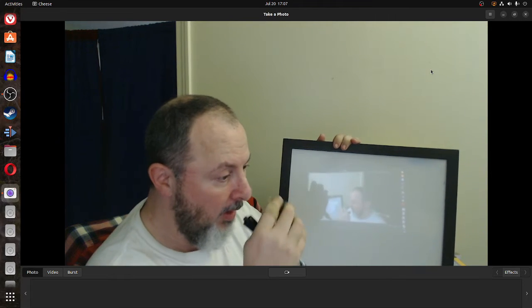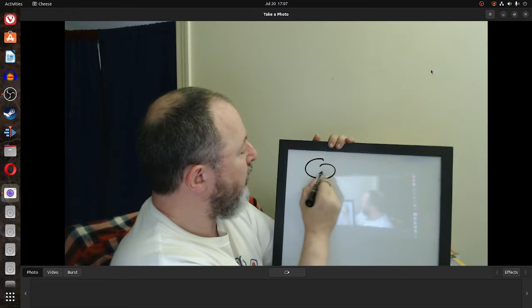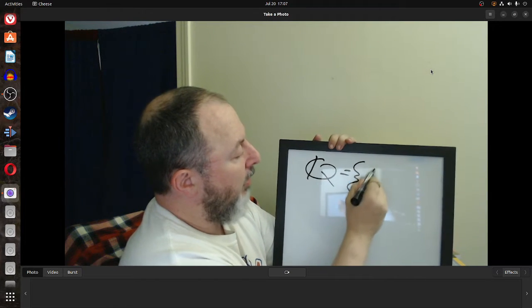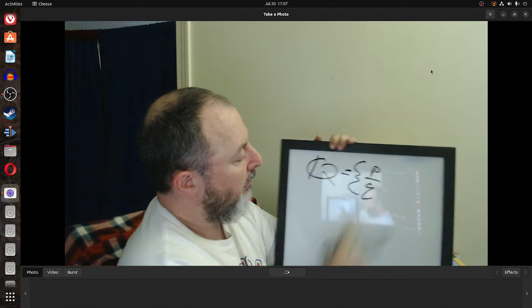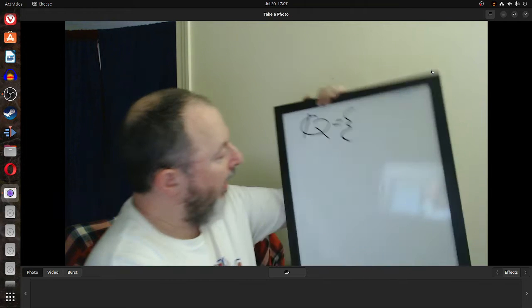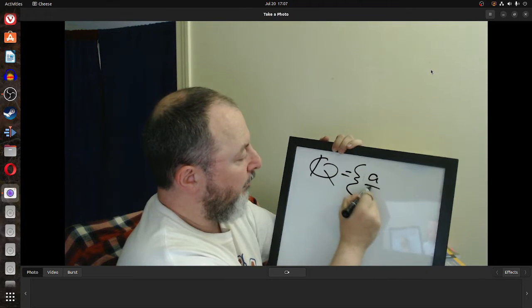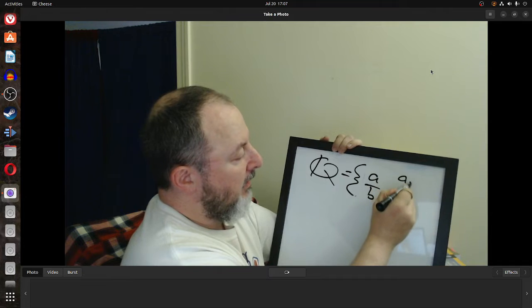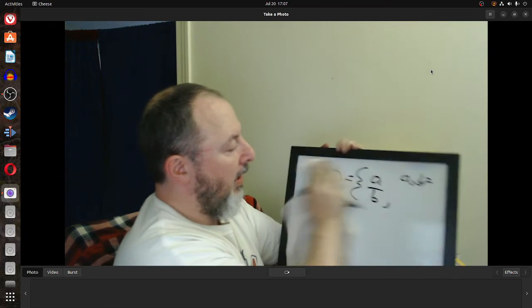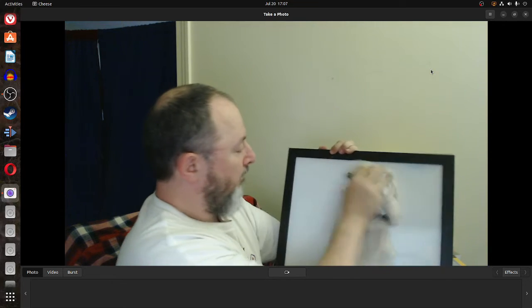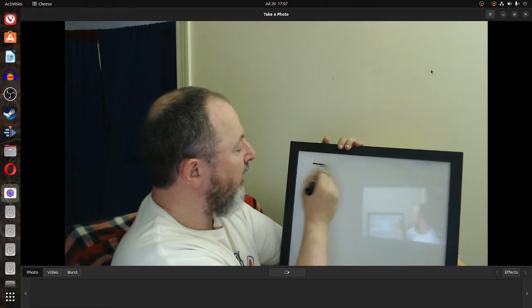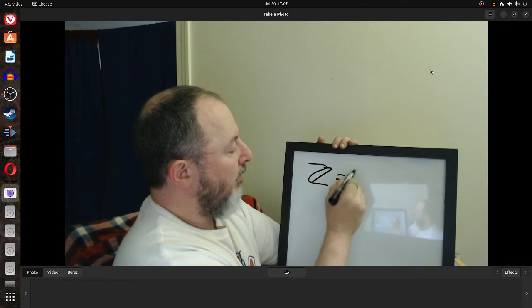Then we move up to fractions, Q, quotients, of the form P over Q. Let me use A over B. Actually, the next one we need is Z, the integers.